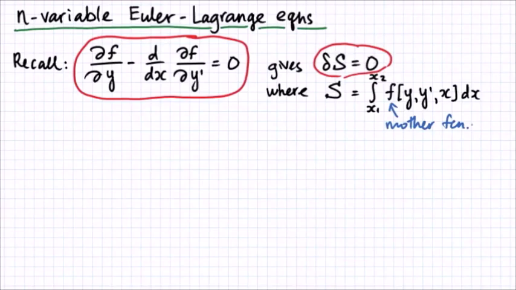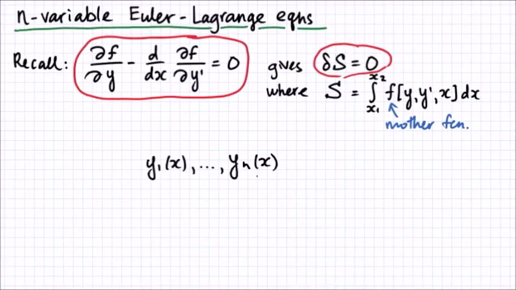The beauty of the Euler-Lagrange approach is that we can expand this method to many variables or many unknown functions, y1 of x and all the way to arbitrary yn of x.